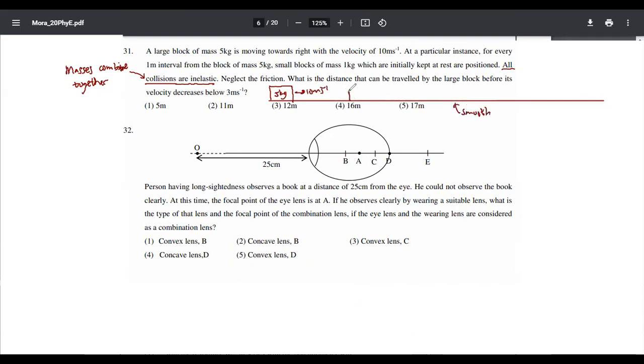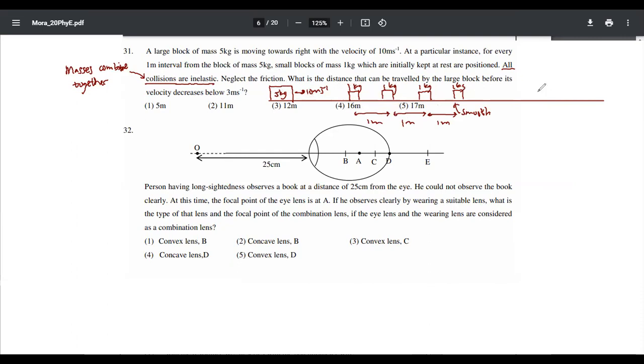And there are small boxes at 1 meter intervals, so the gap is 1 meter, and the mass is 1 kilogram each. And as the 5 kilogram block keeps getting combined with each block, its velocity will reduce.